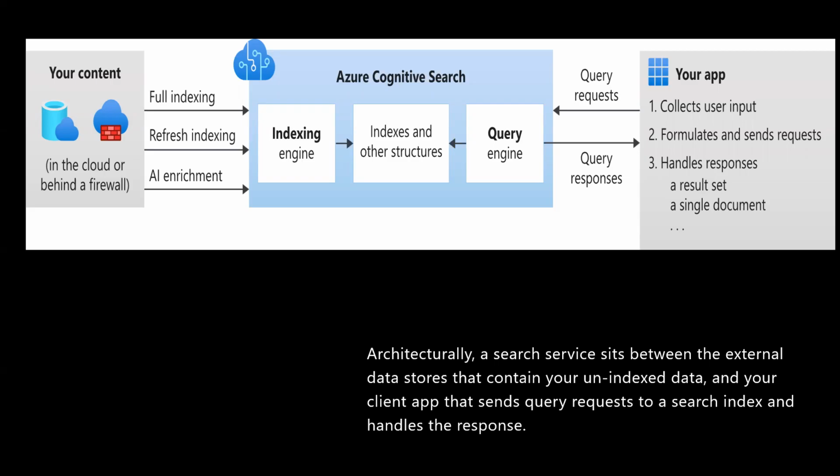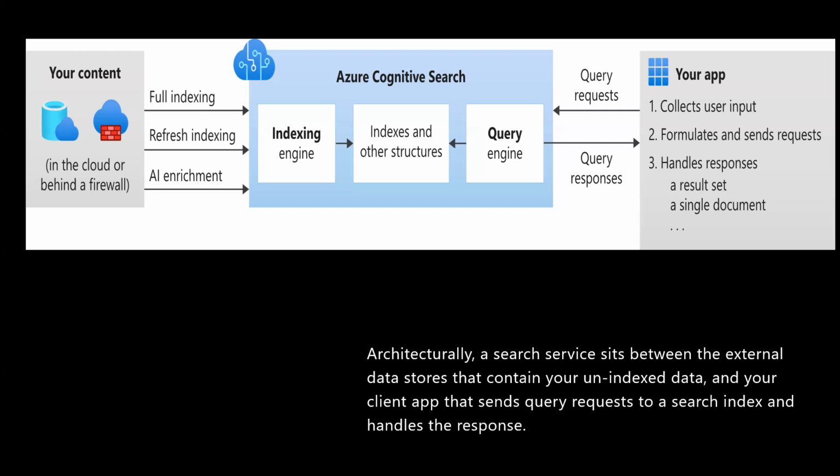Then the query request goes through the query engine. You can see indexes and other structures, and then it goes to the indexing engine. On your left we can see your content, where our data is located in the cloud or behind a firewall, and then it retrieves all the data and sends it back to the application, where under query request we can see query responses, and then it formulates and sends the request and handles responses as a result set, a single document.